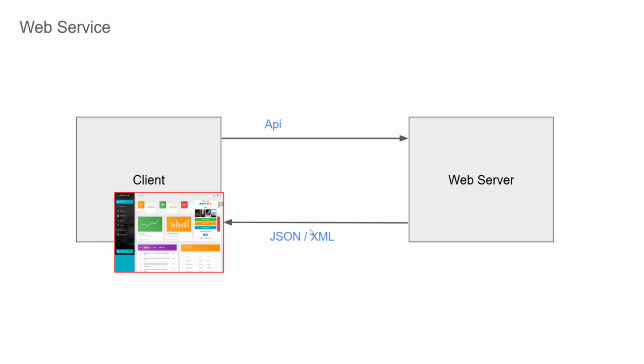Because this format, JSON or XML, is standard, even other devices can use this data format to show the information. For example, here we have a web page that can use the JSON and XML to show this page.